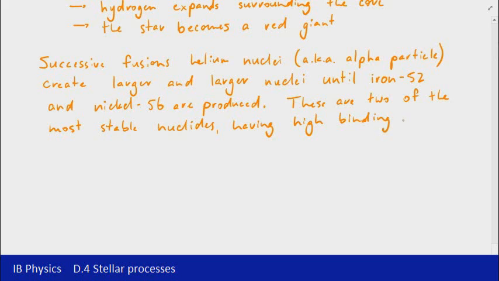So what that means is that once you get to iron-52 and nickel-56, it's hard to produce anything larger than that.